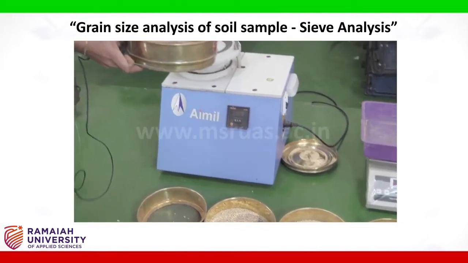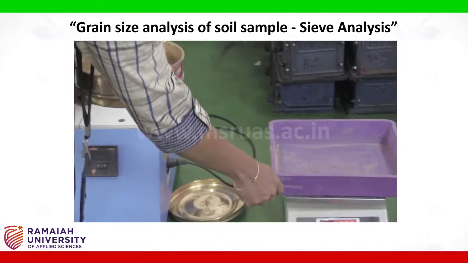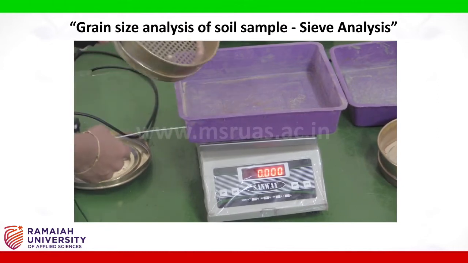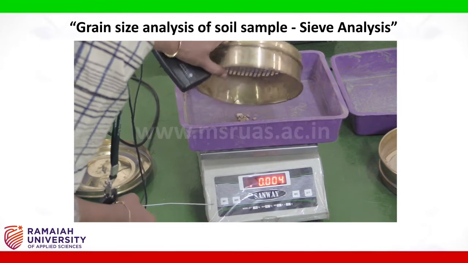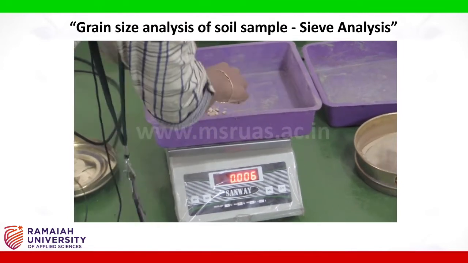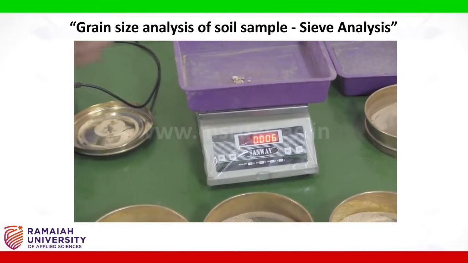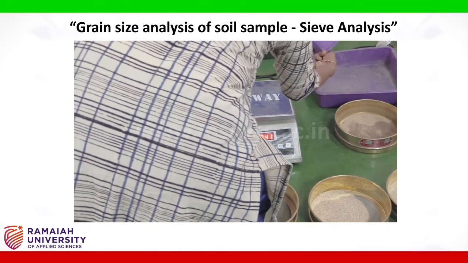For example, I am taking the first sieve, 4.75 mm. I am using this weighing balance for weighing. I have tared the weight of the pan which I am using to measure it. Transfer all the soil sample into the pan and weigh it. Note down the weight.